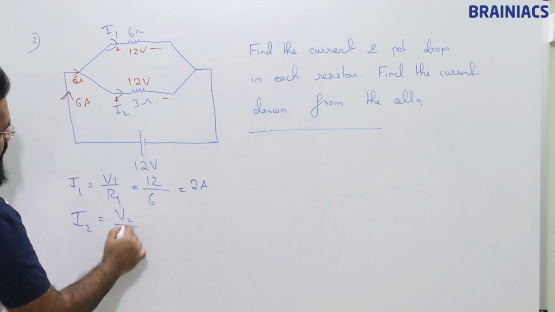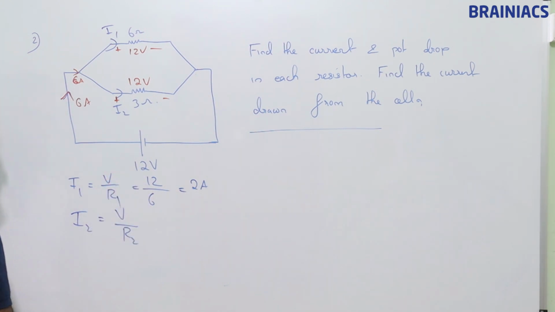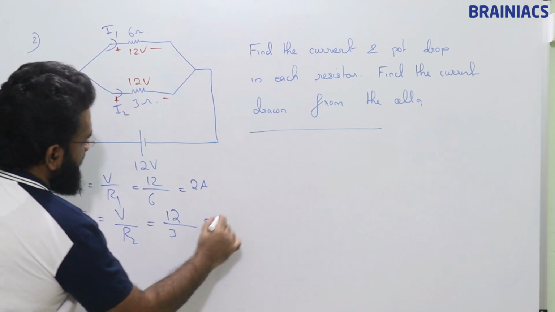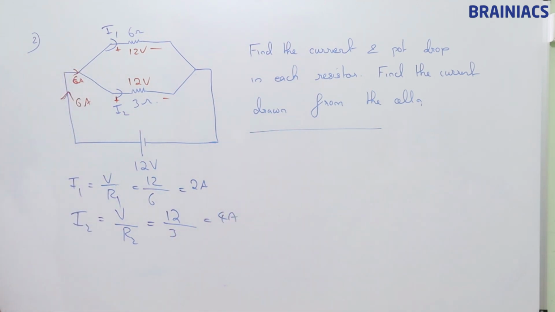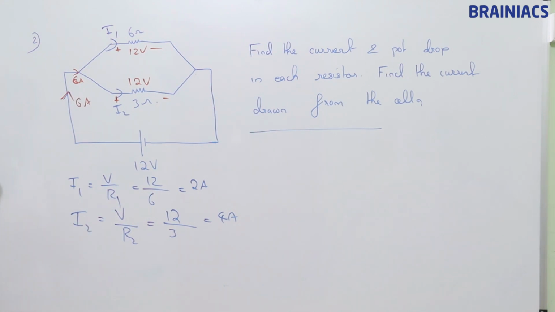Okay, so V2 by R2. Since this is a parallel combination, we need not write any numbering. So this is 12 divided by 3, which is 4 ampere. So this is how we can find the current and voltage across all the branches.